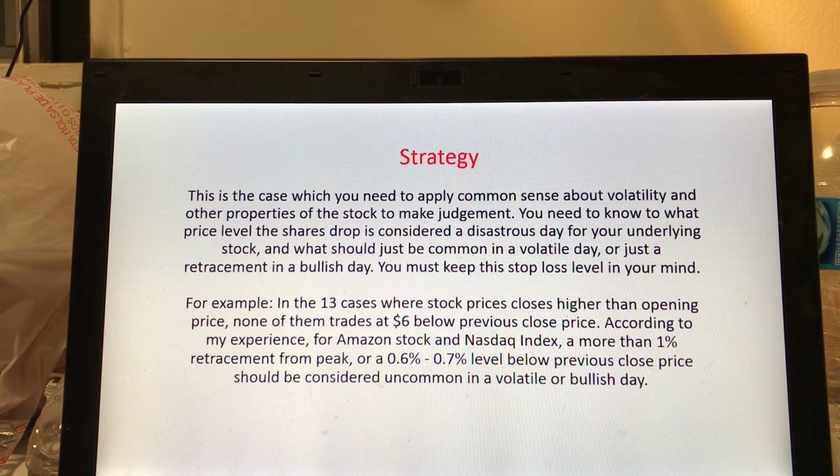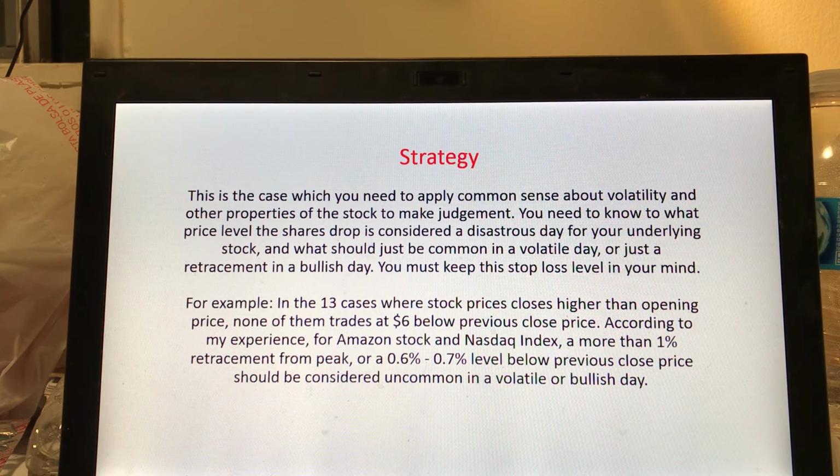You must keep this stop loss level in your mind: to what level the shares drop is considered not okay, and you will definitely want a stop loss. Please take action immediately if you see this happen.